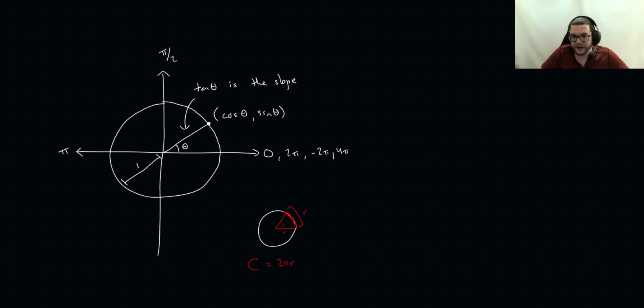A 3/4 rotation is 3/4 of 2 pi, which is 3 pi by 2. Okay. So just with this, we should be able to think of at least the values of sine, cos, and tan on the cardinal positions, like north, west, east, south.